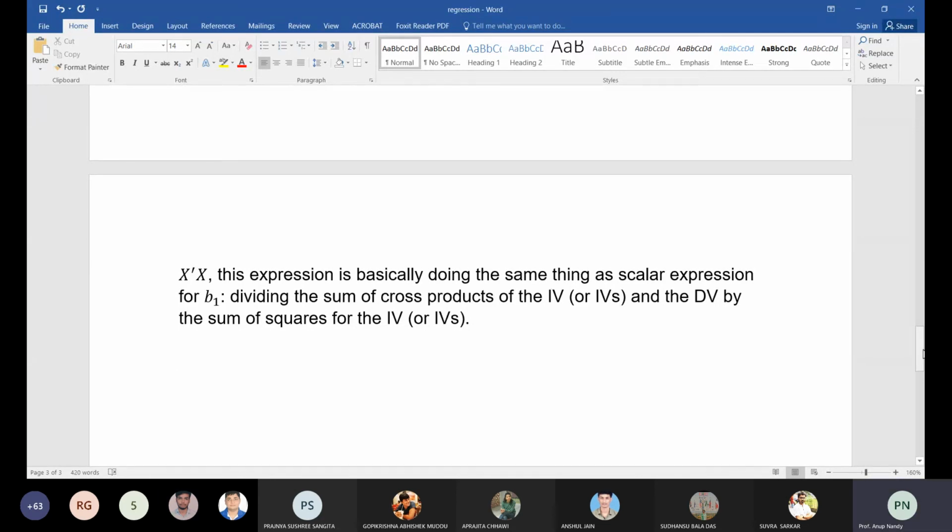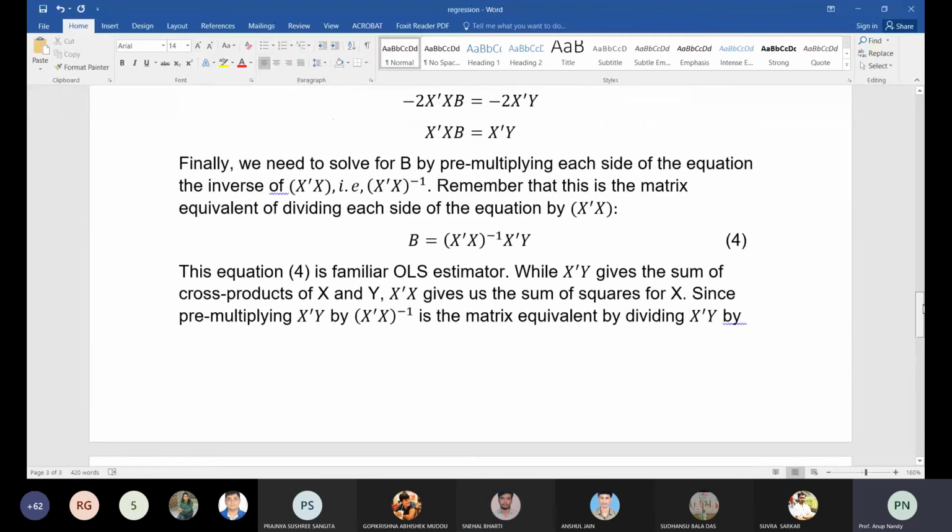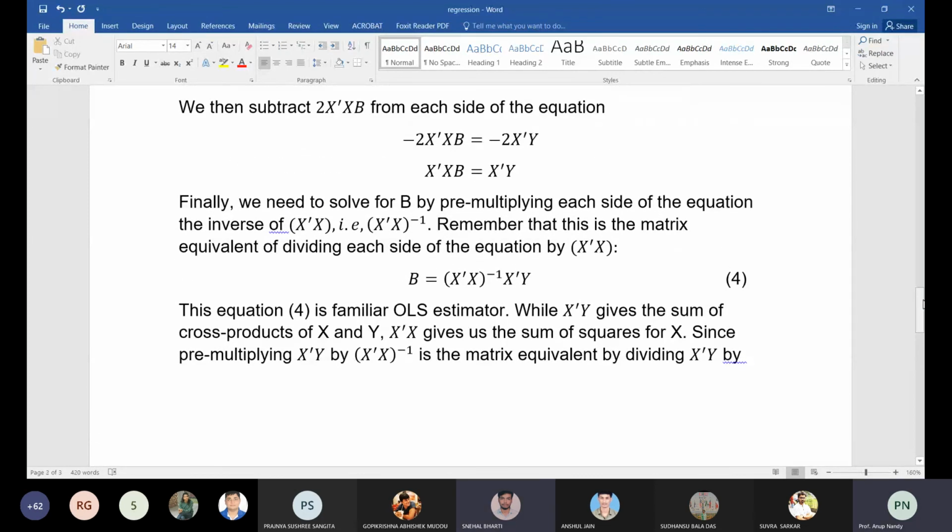Hello, sir. Can you move back to the last expression of B which we got? This is 4. So, like X transpose X inverse, can we not simplify it to X inverse and X transpose inverse, and then nullify X transpose inverse and X transpose to get the final result as X inverse Y? No. X transpose X inverse, you have to write this X into X transpose.